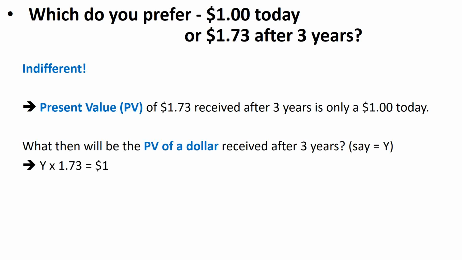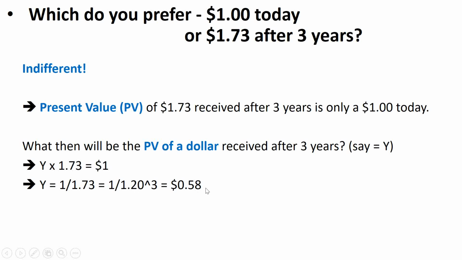So now what we know is $1, if you borrowed, after 3 years you had to pay $1.73. But you only have $1 to pay. So let's say, how much will a bank give me? So that times $1.73 will become equal to $1. And that implies Y equals 1 over 1.73, or this 1.73 is basically 1.20 to the power cube.